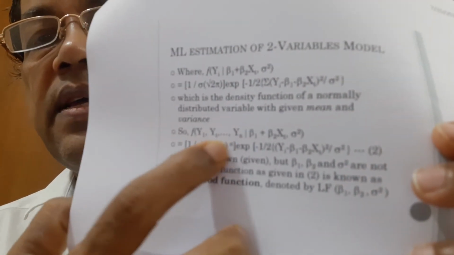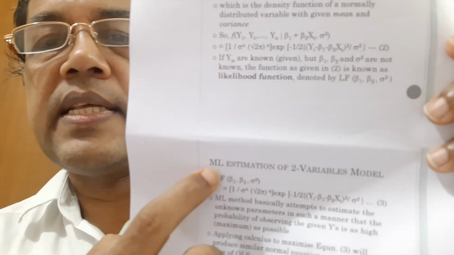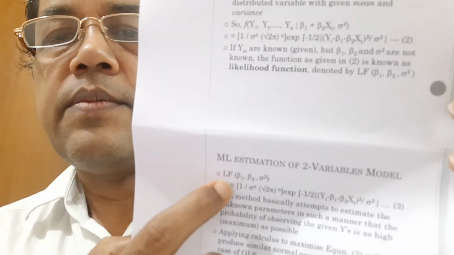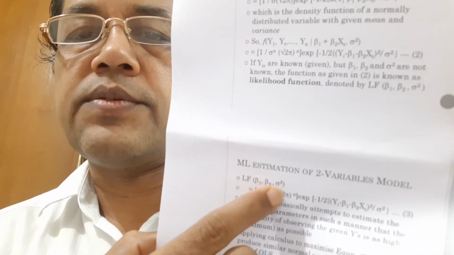So now this one is a likelihood function, which I can rewrite this way. This likelihood function is defined by a particular value of beta 1, a particular value of beta 2, and a particular value of sigma square.